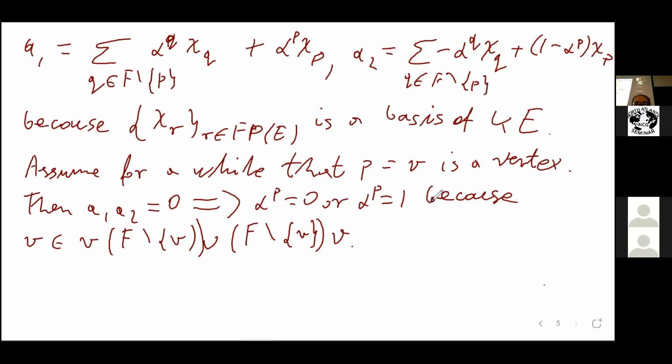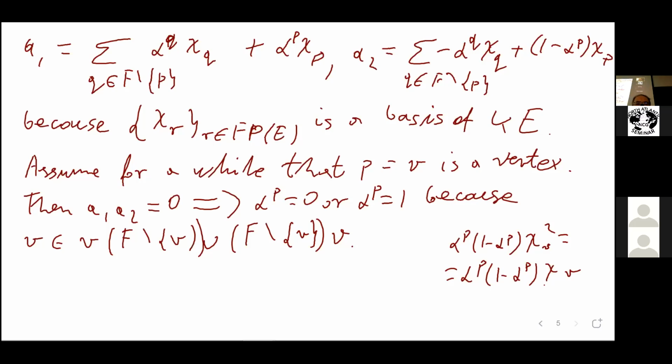So now chi p is chi v, and remember this is an idempotent. So I will have alpha p times 1 minus alpha p times chi v squared, but this is just alpha p times 1 minus alpha p chi v, which is still a basis element. And we cannot produce chi v out of any other chi q's.